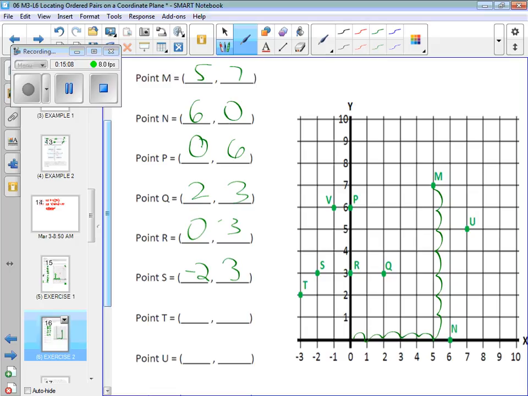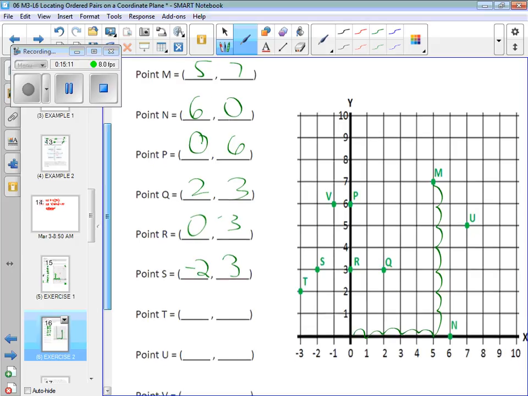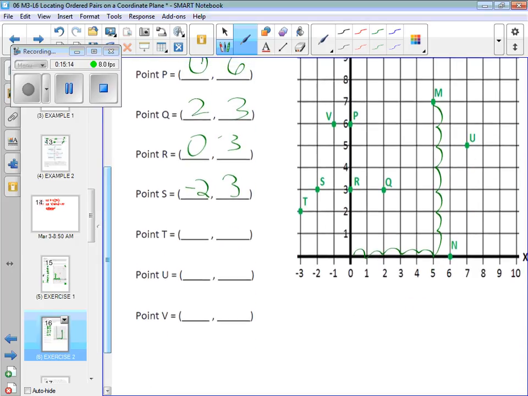T. Scroll it down a little bit so we can see. Good. That's fine. Right there's perfect. Very good. U. I got 7, 5. Looks good, yep. V. Oh wait, sorry.